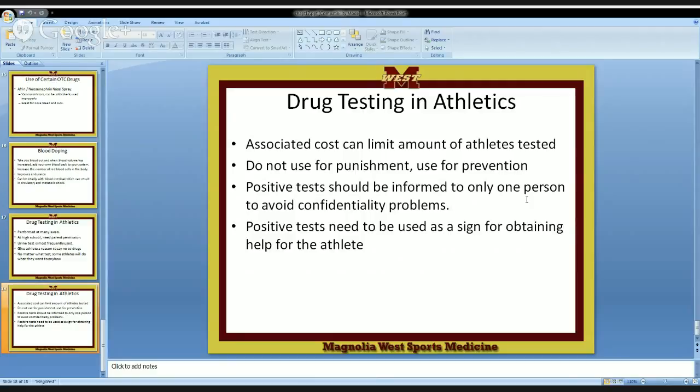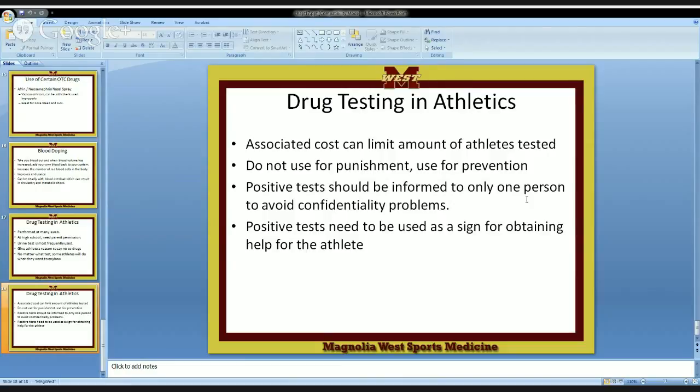Positive tests need to be reported to only one person, and that person should not be in the athletic department. It needs to be an administrator higher up in the school district, probably a deputy superintendent.